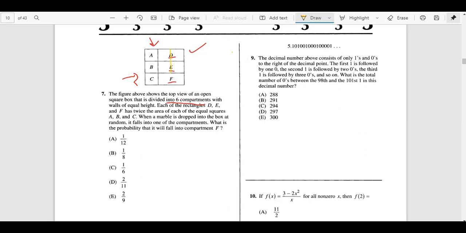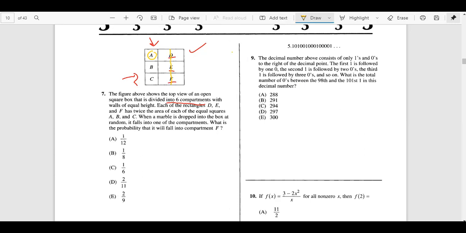Now every square in the box is of equal size. Initially we had ABC and DEF, but since DEF has twice the area of these squares, I simply divided DEF into 2 parts. Why, you'll just get to know.